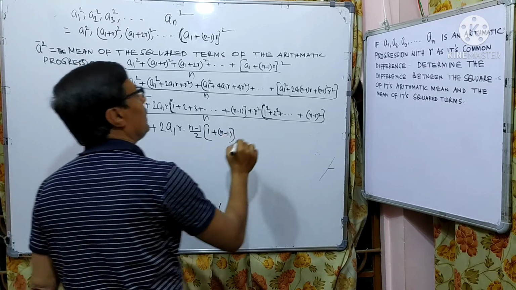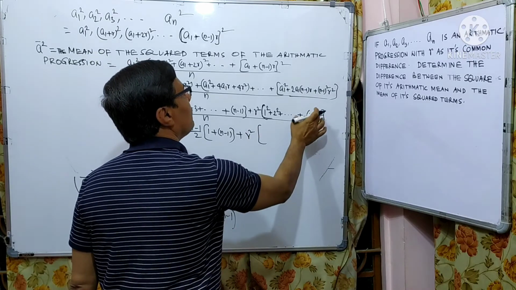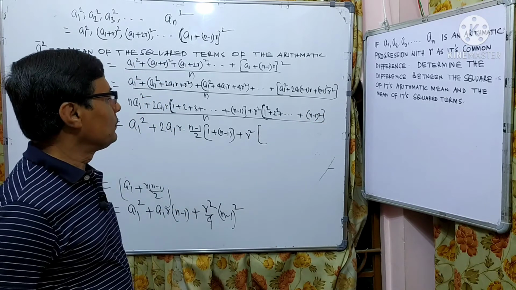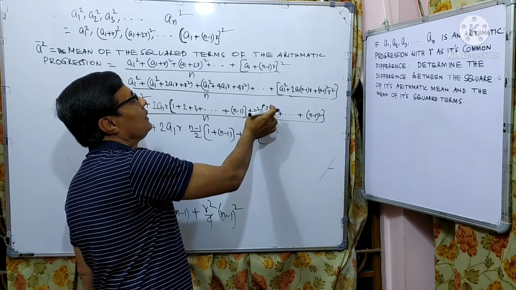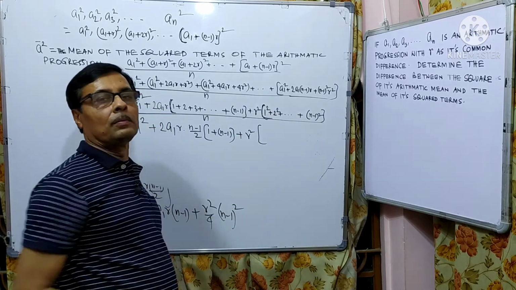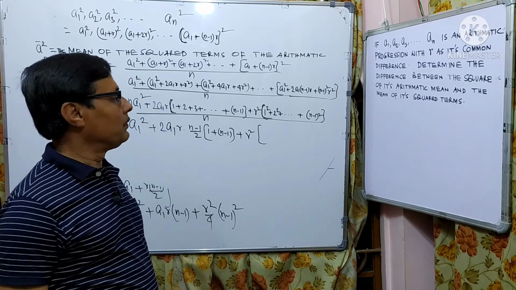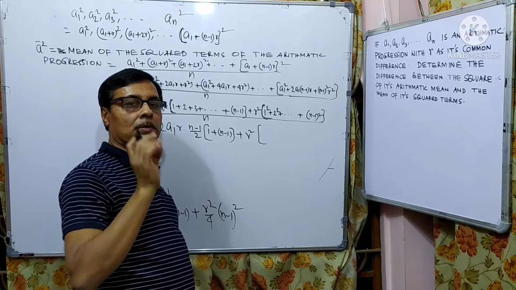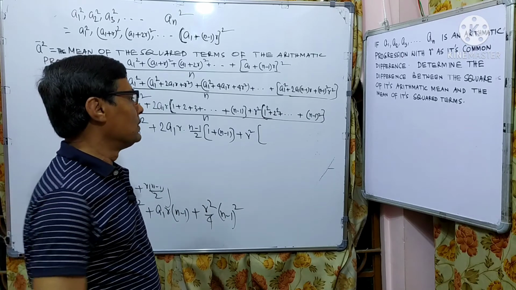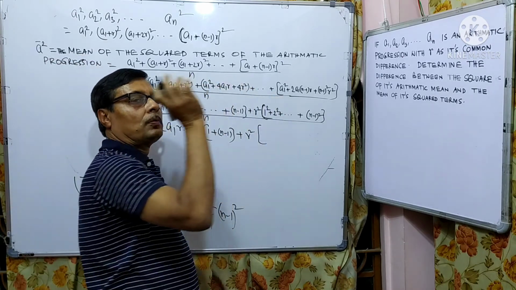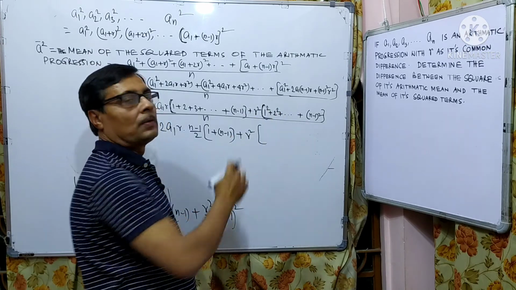And also here, this is the well known series, the squares of the terms 1, 2, 3, dot dot n minus 1. We already know the formula for the sum of this series.